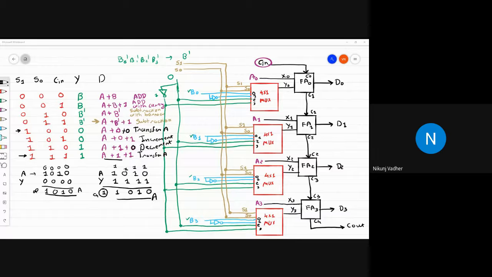Now, if you are clear with the transfer, I can explain increment and decrement.